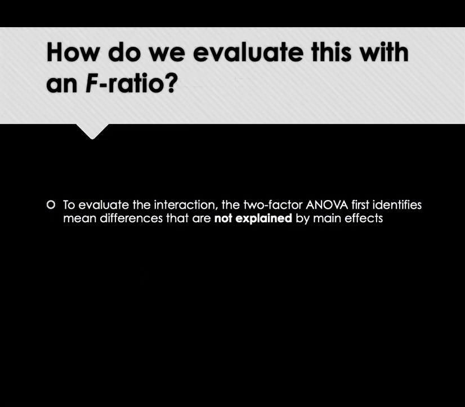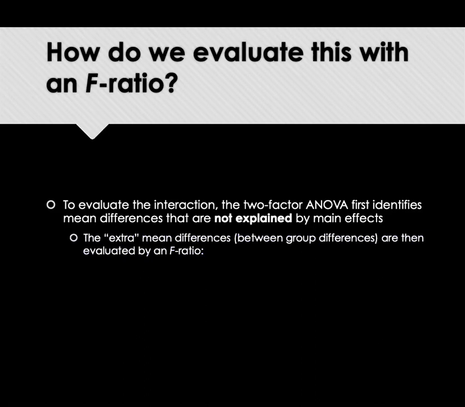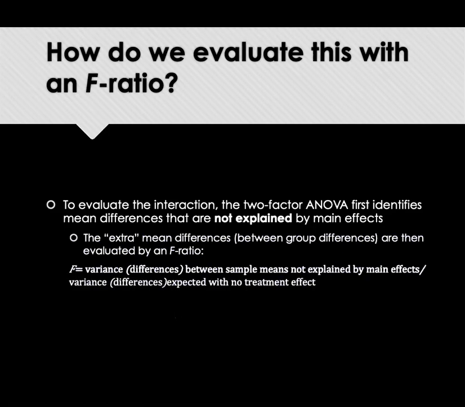How do you evaluate or calculate that with an F ratio? You're first going to identify mean differences that are not explained by main effects. And the extra mean differences are then evaluated by an F ratio.